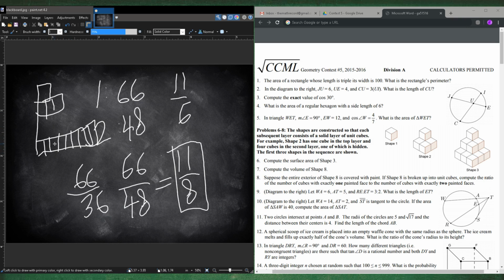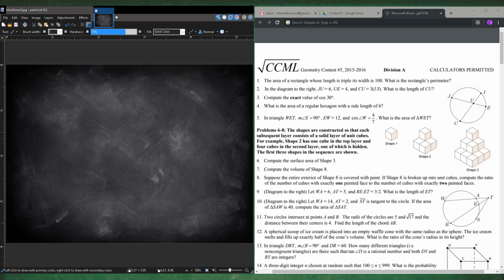They didn't count for these. So when we had the 18 and 30, for the 18 they only added 6 to get 36. They forgot the 12, which is from the back left and the back right for these things on the bottom. So they forgot those. But the real answer is 11 over 8.